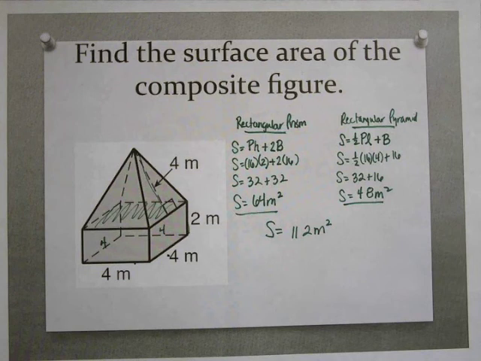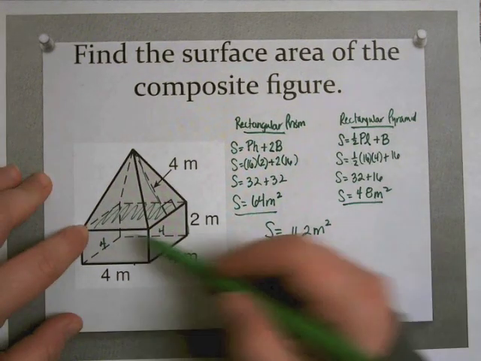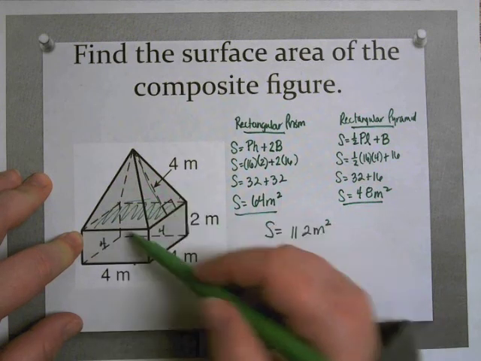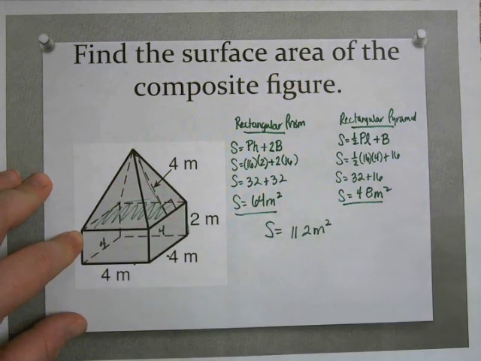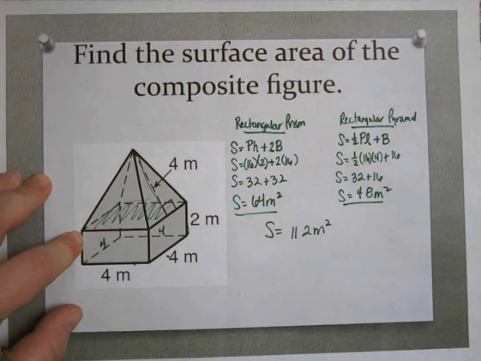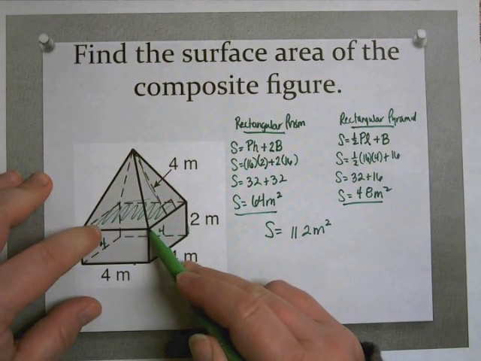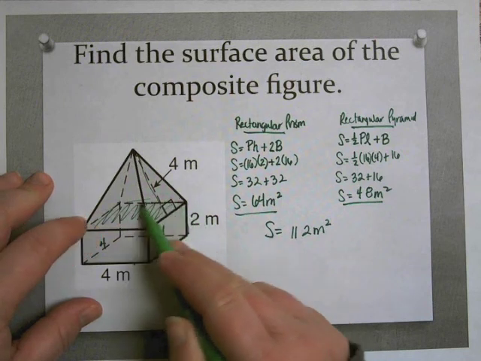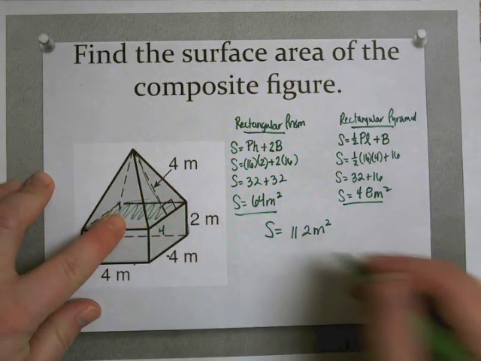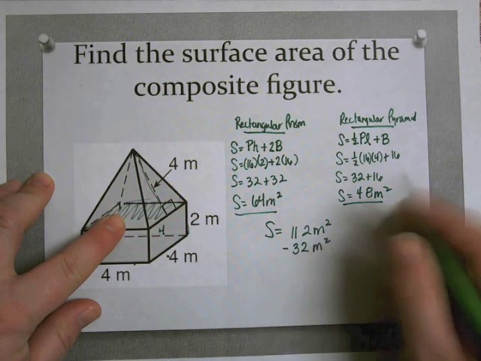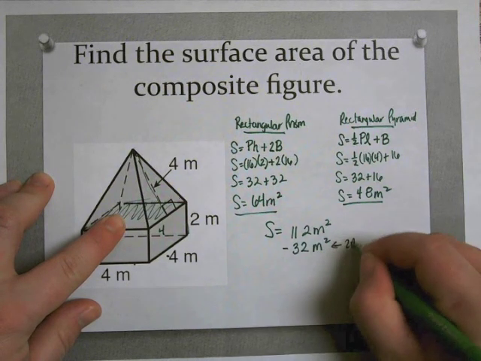So what do we need to take out from what we found? Well, we need to take out the base of the pyramid and the top base of the rectangular prism. So we're basically taking out 2 bases. In our case, 4 times 4 was our base, which was 16. We need 2 of those taken out, so we're going to subtract out 32.